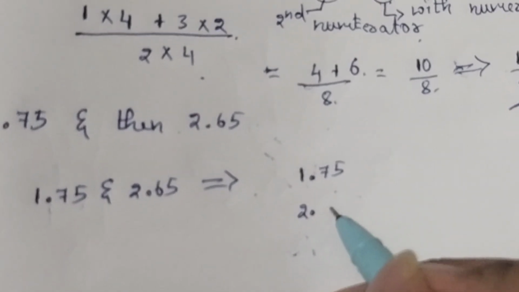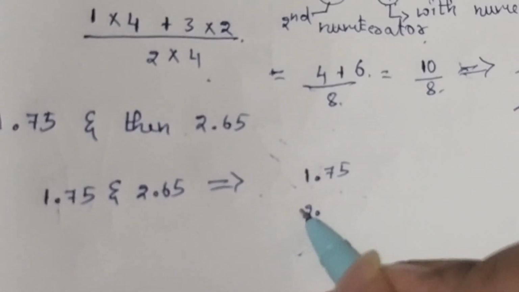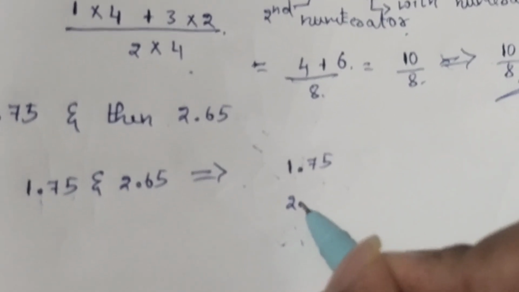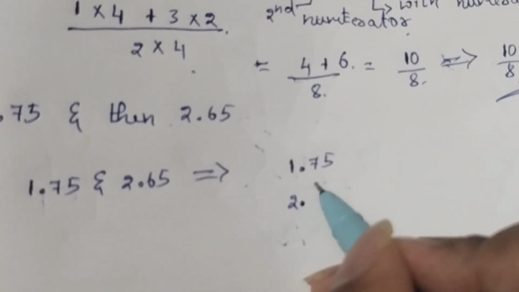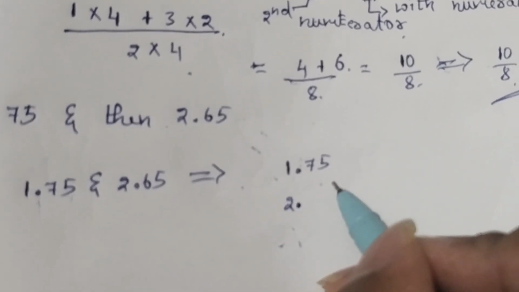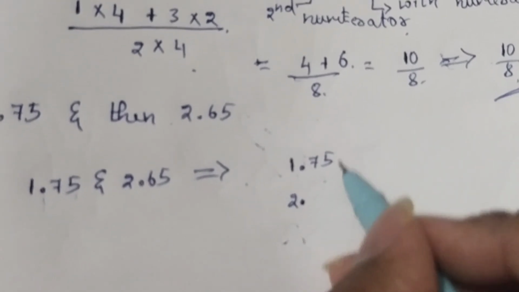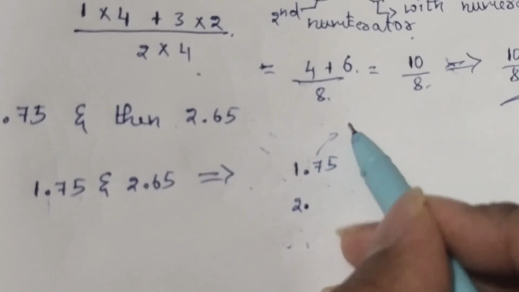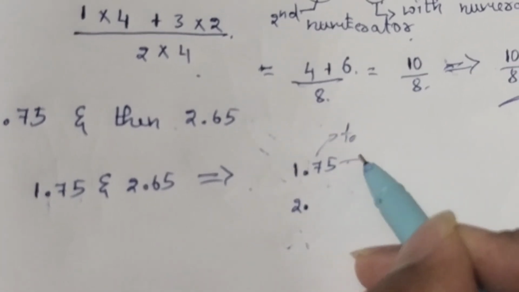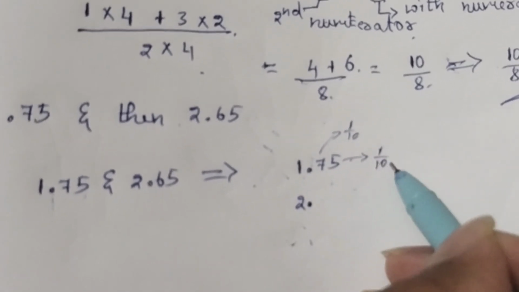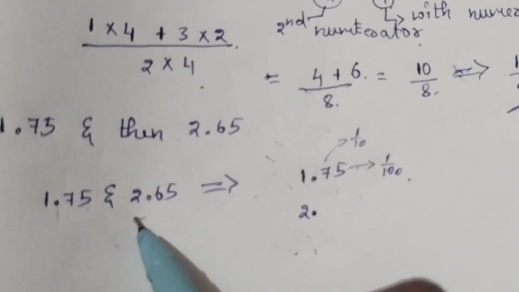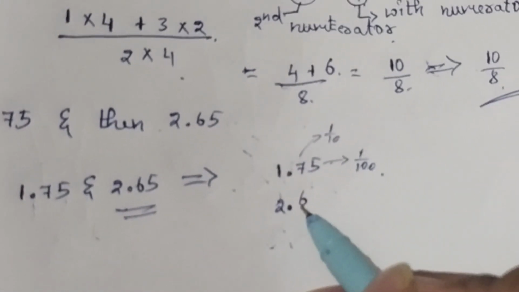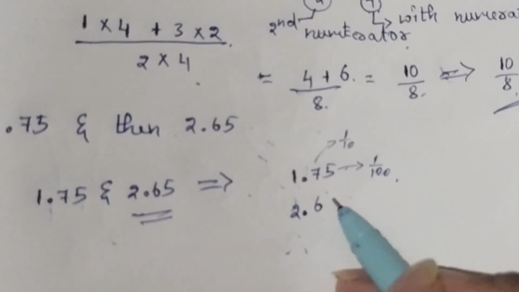Here 1 is in the ones place, after the decimal point 7 is in the 1 by 10th place, and 5 is in the 1 by 100th place. Same as given here, the 1 by 10th place is 6 and the 1 by 100th place is 5.